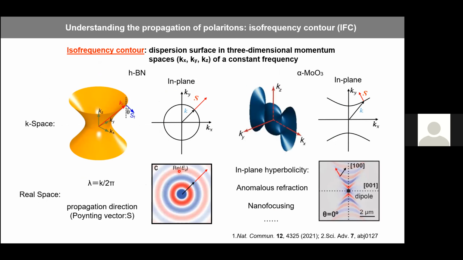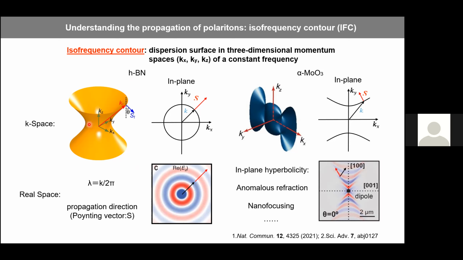In order to understand more about these phonon polaritons, we need to get very clear about one definition. We call it the isofrequency contour. It is the dispersion surface in momentum space at a constant frequency. We can see here it is completely different in boron nitride and molybdenum trioxide. In boron nitride, in 3 dimensions, we have this open hyperbola.